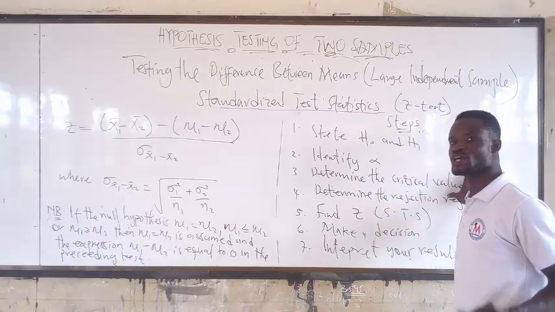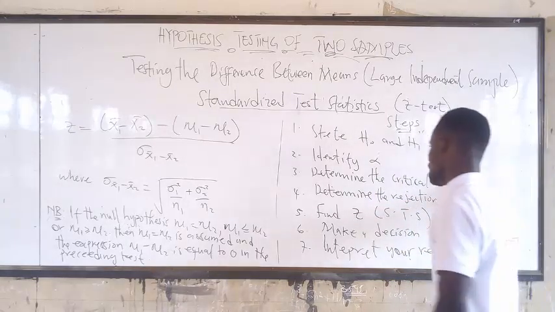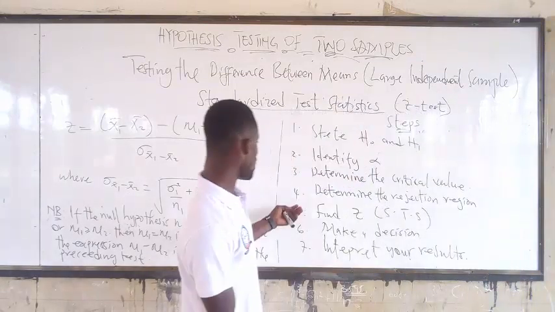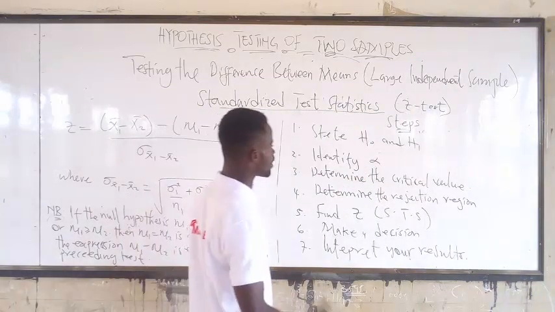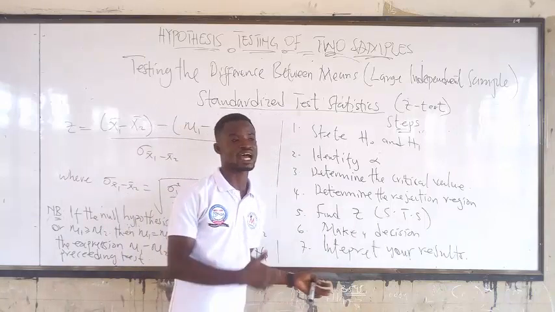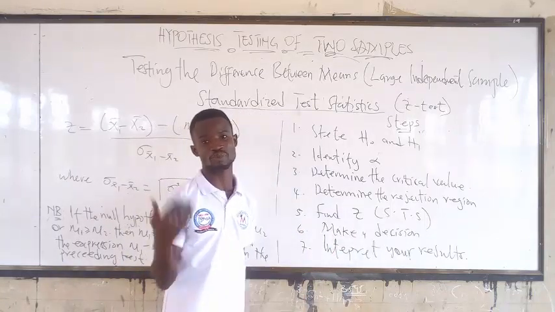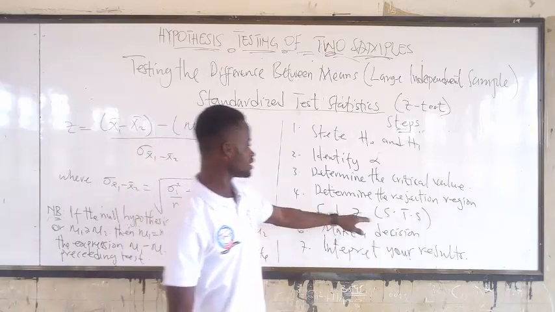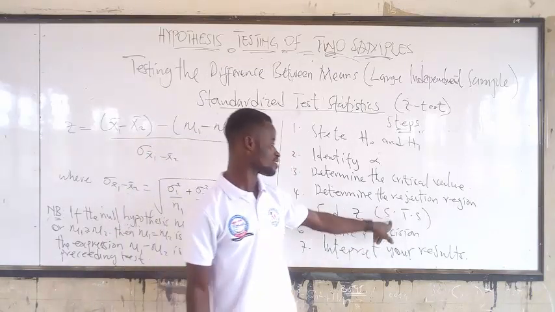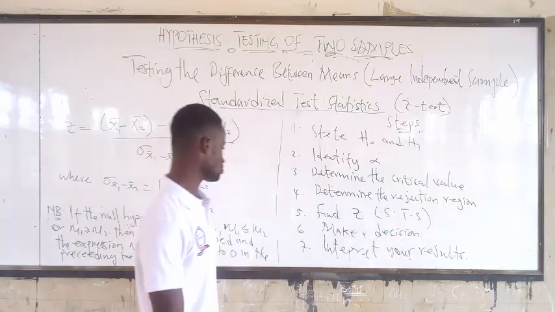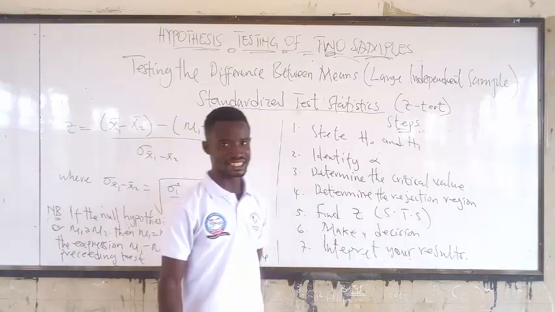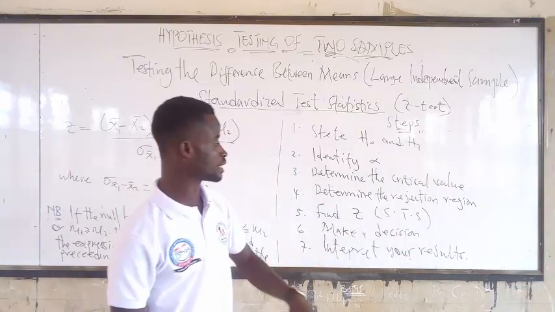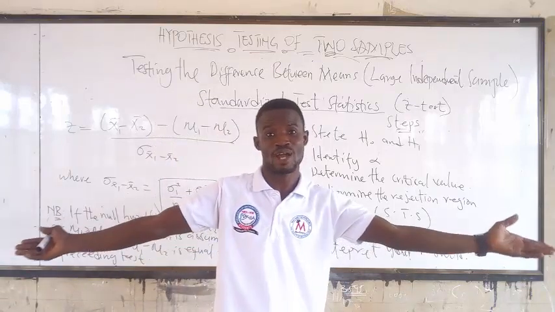Four, determine the rejection region. In this session, we are going to base on the traditional method. Five, find the z, which is the standardized test statistic. Six, you make a decision. Then lastly, you interpret your results. That's all that we are going to do.